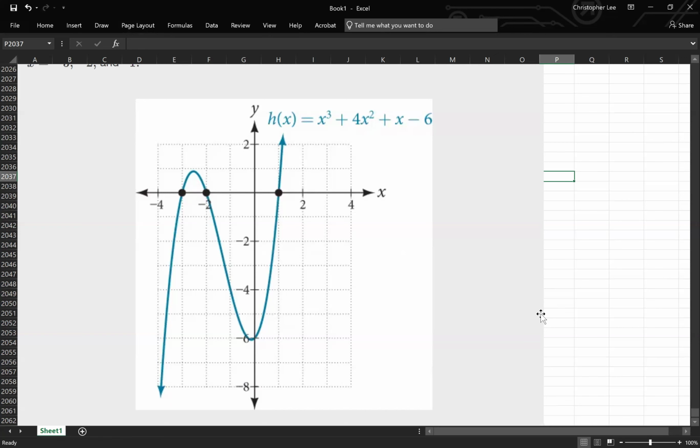When I do the greatest common factor on both sides, they have to have the same parentheses, and then I could finish the grouping. But this doesn't do that, because if I factor out the x squared, I'm left with x plus 4, and on the other side, I'm going to factor out 1. I'm left with x minus 6, which is not the same. So it won't work.